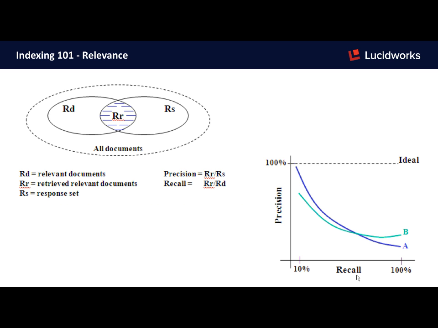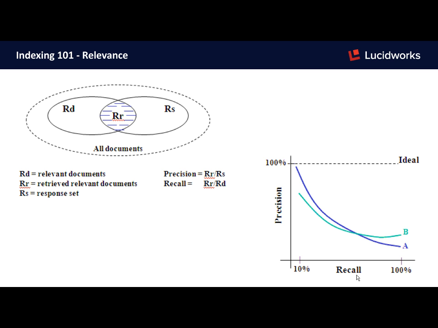So we know right away that it's going to fall into probably one of two categories: all of the relevant documents, or a relevant response set that's coming back from your index query. In a perfect world, those two circles would completely overlap each other, but in reality they don't. So it goes to a question of recall versus precision.